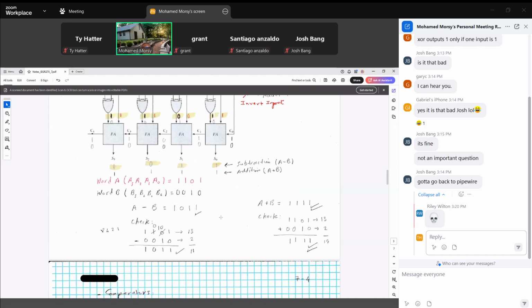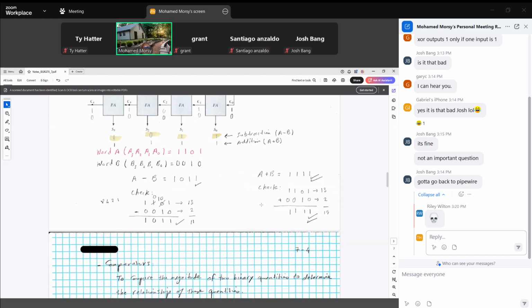So what we got here for addition is 1, 1, 1, 1. So A plus B is 1, 1, 1, 1. To check, using regular or traditional addition, 1, 0, 1, 1 plus 0, 1, 0, 0 gives 1, 1, 1, 1. So 13 plus 2 is 15, so 1, 1, 1, 1 actually represents 15.